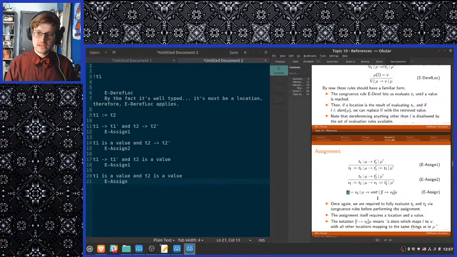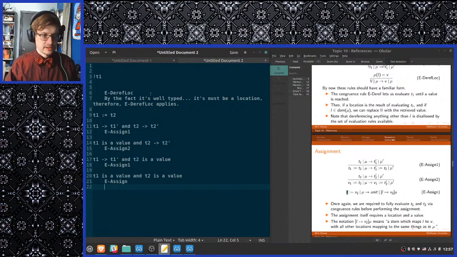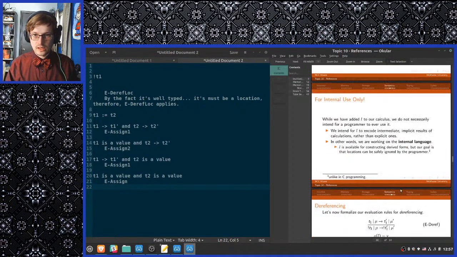The requirement is that the first one be an L, right? It doesn't matter what T2 is, so long as it's a value, which is provided by the case analysis. But you can't assign to something other than a location. So the question is, how do you know this is a location? Well, you can derive that from the fact that it's well typed.